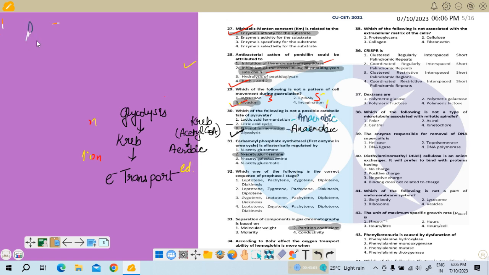So coming to prophase 1 stage, first it is leptotene. Here we can see centromere. Then we have zygotene.